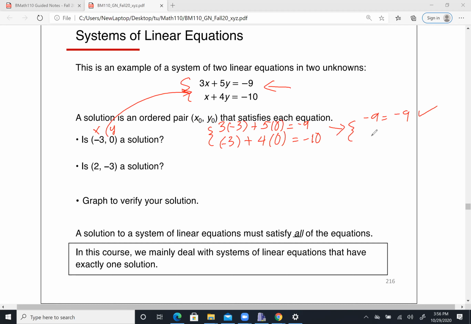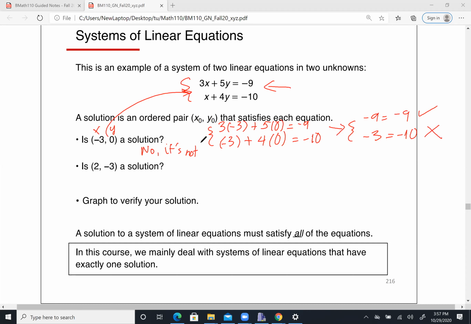But what about the second one? It's -3 equals -10. There's no way to have that, because -3 will never equal -10. So that means (-3, 0) is not a solution. So the answer is no.